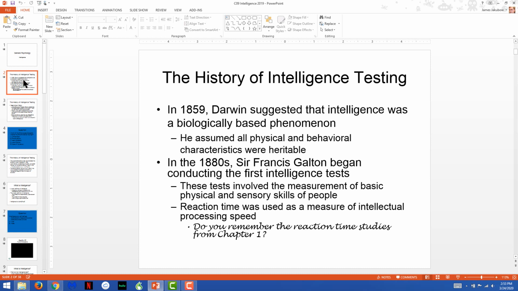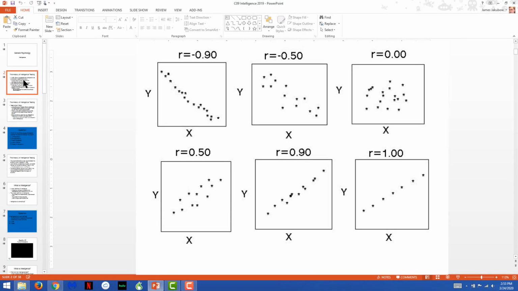So in fact, Galton was actually the individual that created the Pearson correlation coefficient test that we worked with since Chapter 1. That is the R value. And the reason Galton created this mathematical test was to establish a mathematical correlation between two variables that he thought might be related to each other, but were not perfectly related to each other.